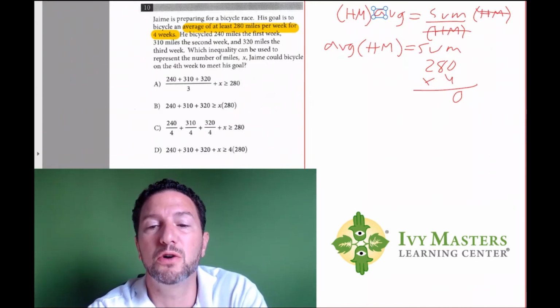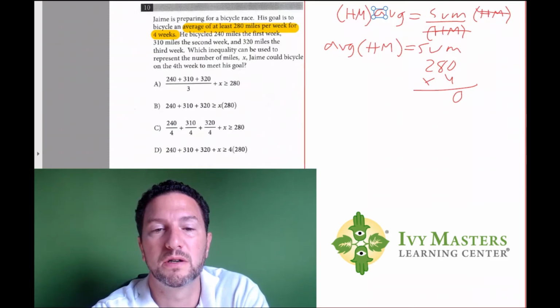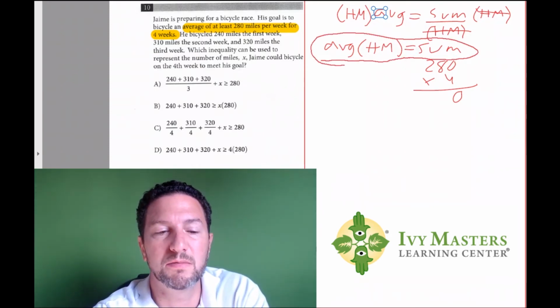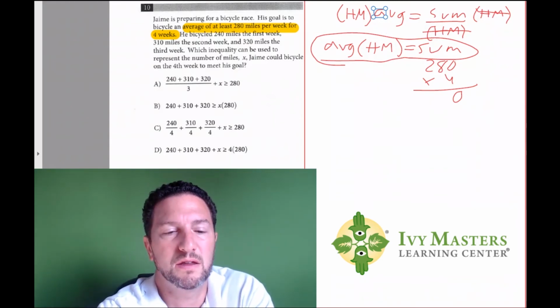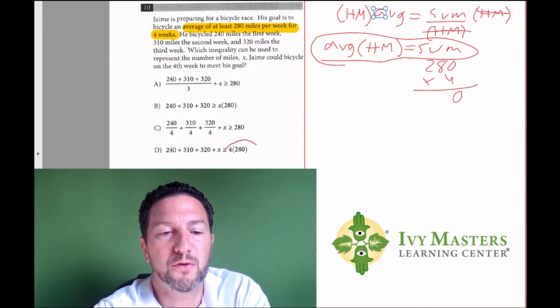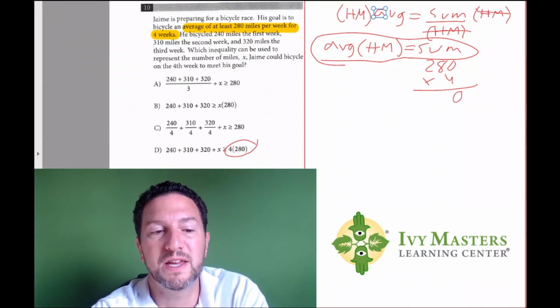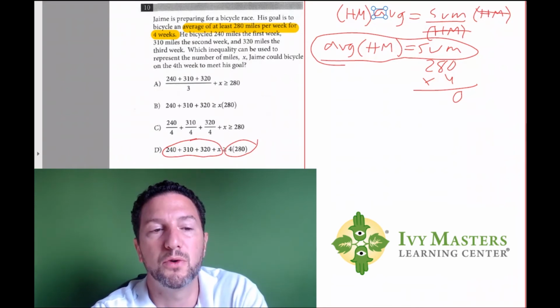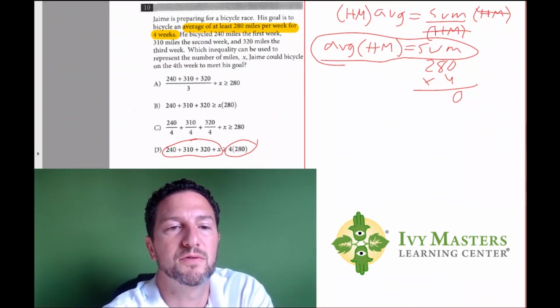If you know 280 times 4, that's your average times how many, equals the sum, then you have your 280 times 4 over here, and that's going to equal the sum. We've got to make sure that it's the sum of those 4 things, but let's investigate that.